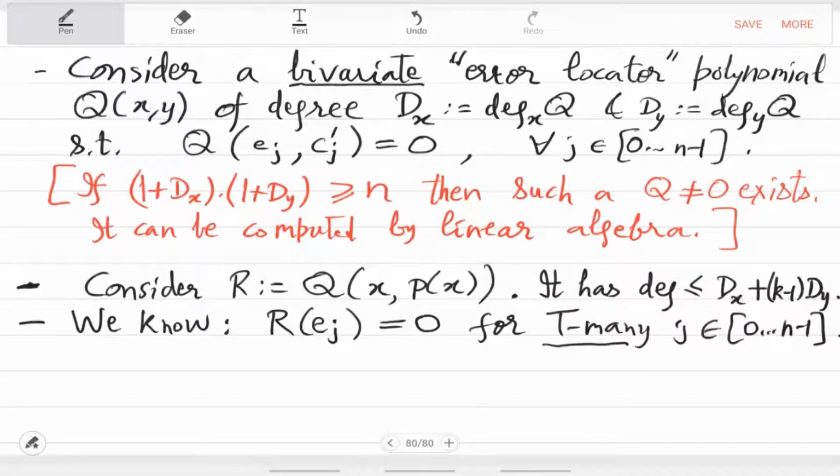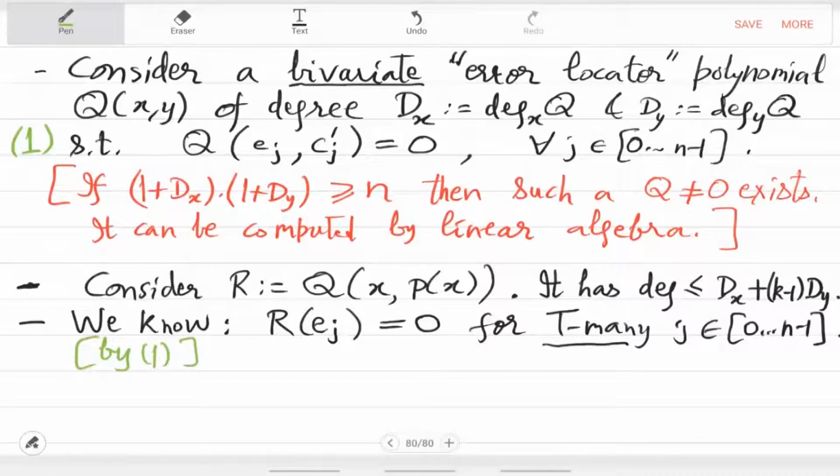So why is this happening? R of Ej equals 0. Yeah, so what is Ej comma p(Ej)? p(Ej) for those j's is Cj prime, and the Q that Bob has found satisfies that. This follows from equation 1. From that equation, R(Ej) you can see is Q at Ej comma p(Ej), but p(Ej) is the value that Bob received.